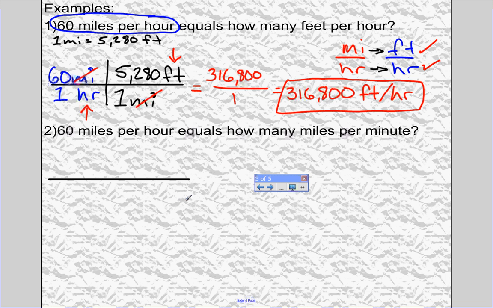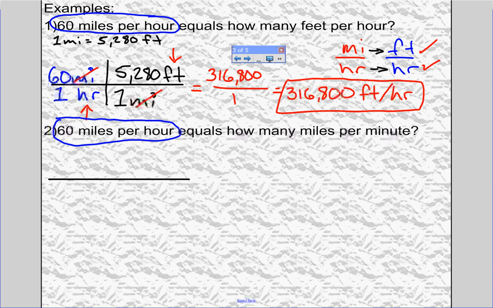All right, let's look at example number 2. So example number 2, I have 60 miles per hour again, so we're starting with the same thing. So again, it might be helpful for you to look at the units, miles per hour, and what I'm going to is miles per minute.